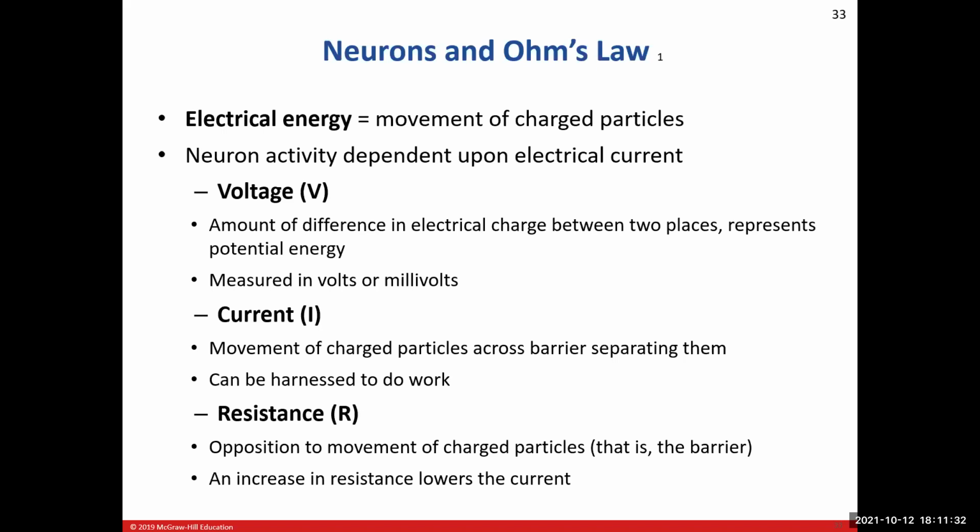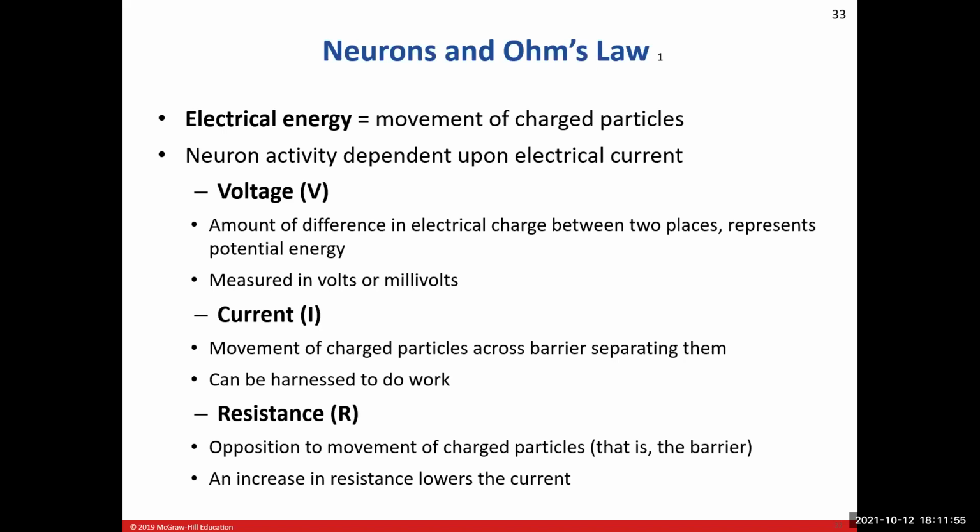Okay, so when we're discussing what a current is, that's going to be the actual movement of those charged particles. Like in the wires in your walls, when the electrons are moving through, it's generating a current. So when these particles are moving across the plasma membrane through those channels and those pumps, we are going to see the current being utilized.